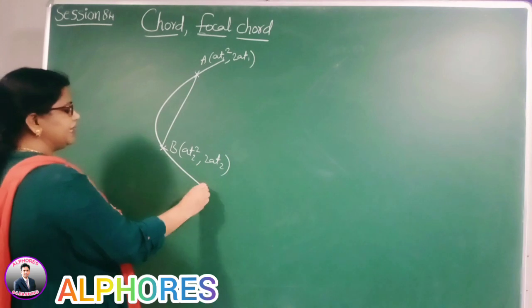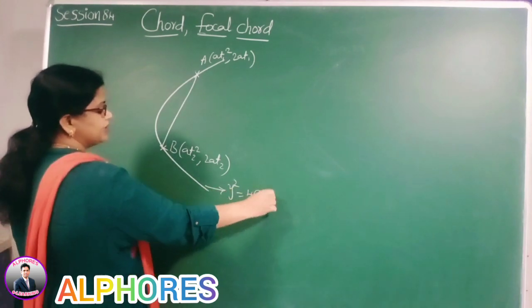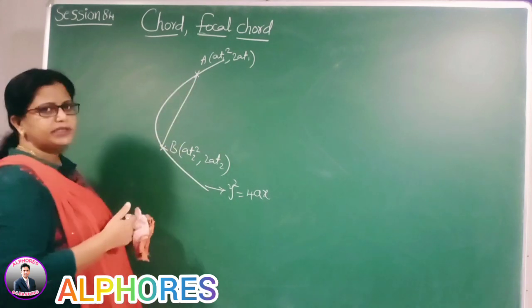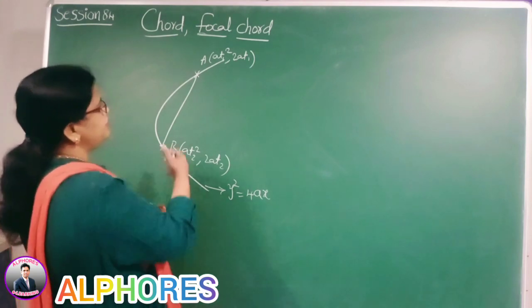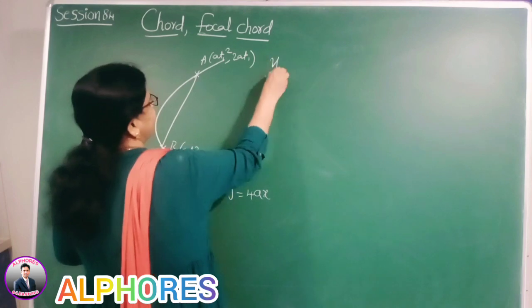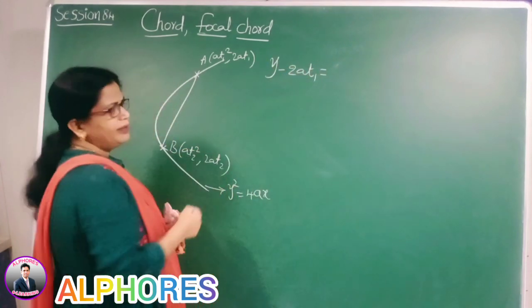Now onwards, whatever we are going to derive, chord, focal chord, tangent, etc., these are all very important points. What is the standard equation we have taken here? y square equal to 4ax. Basing on this, our interest is to find the equation of chord joining 2 points. Then as usual, the 2-point form line equation we take, that is y minus 2a t1 equal to (y2 minus y1) divided by (x2 minus x1).